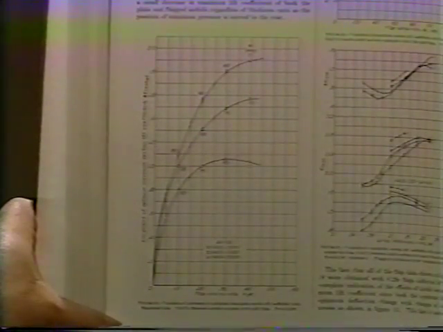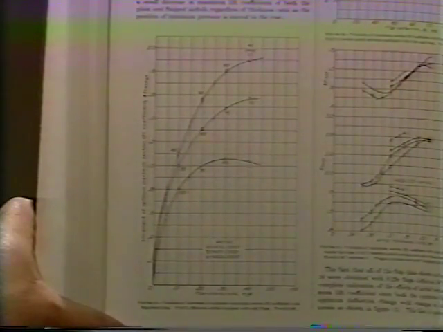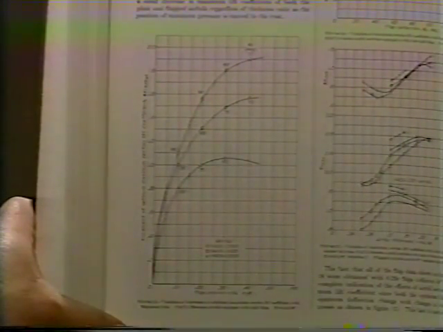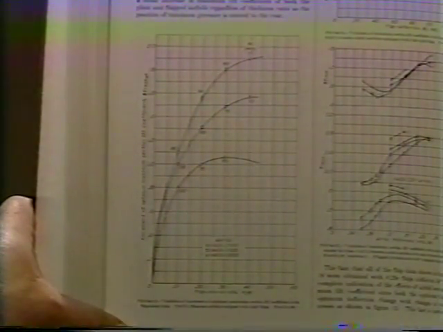Even though that report doesn't apply directly to some of the applications that someone would use in a general aviation airplane or home-built airplane, it gives you a real good indication of what you can expect. This is a chart that shows the variation of the maximum lift coefficient with different flap chord ratios.